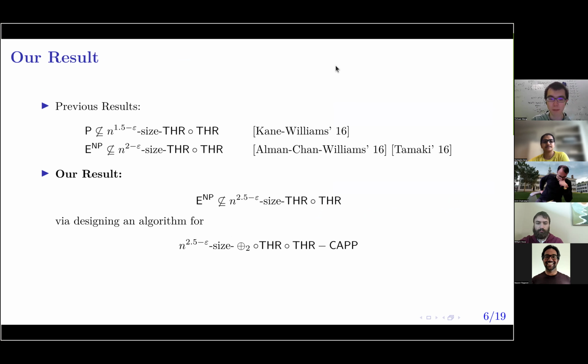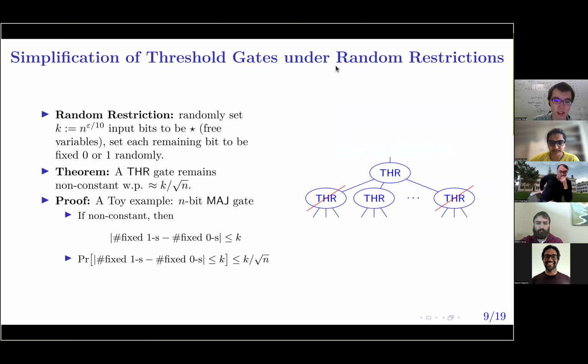Here we are just talking about how many threshold gates simplify when we apply a random restriction. So no, we are not computing this count. We are just trying to simplify this circuit.